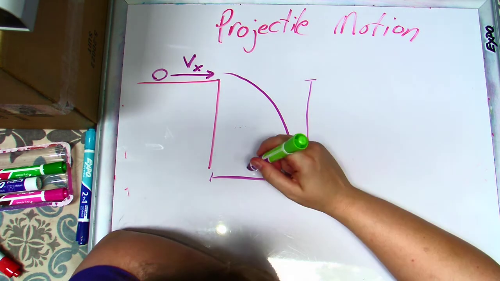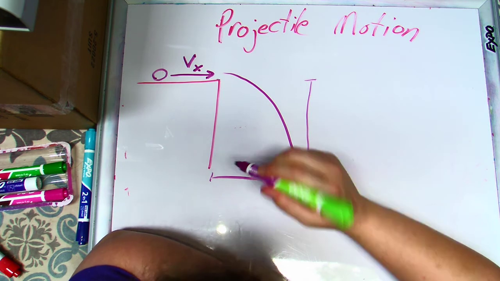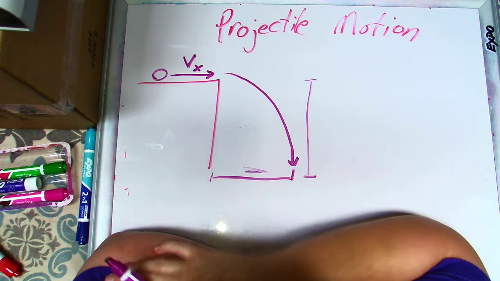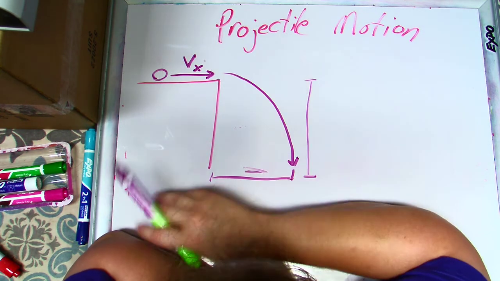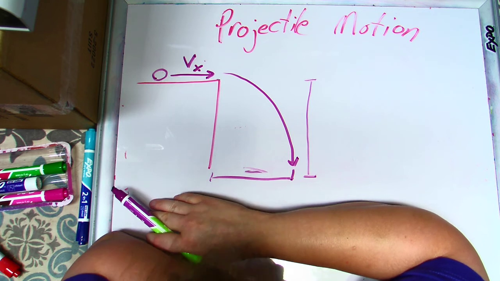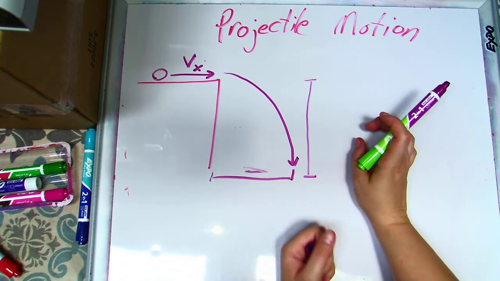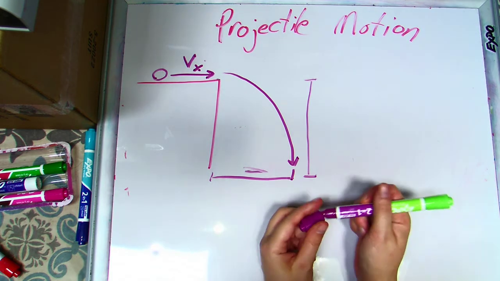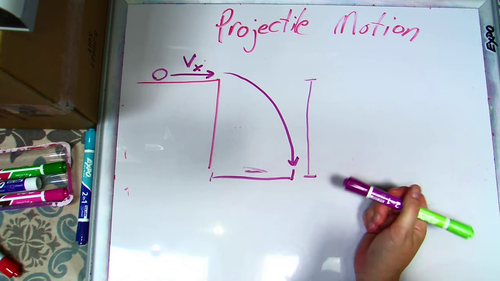Well, if we want to find out how far it went away from the table, or what its initial speed was when it left the table, then we have to look at that in terms of the x equations. And we're going to have to mix and match these a little bit.